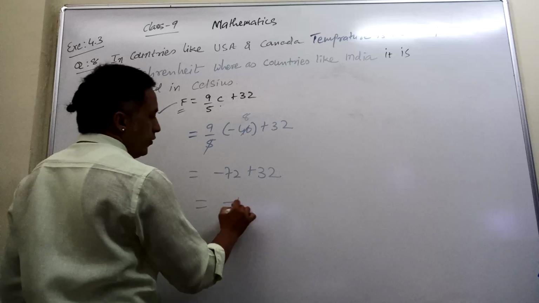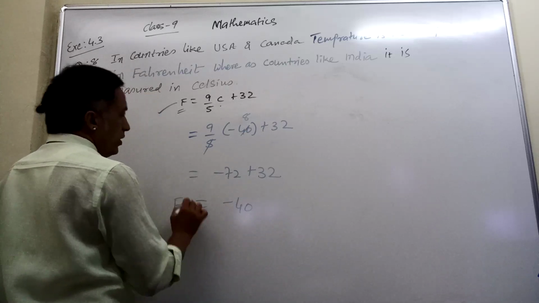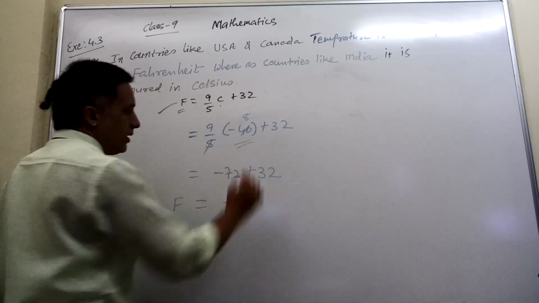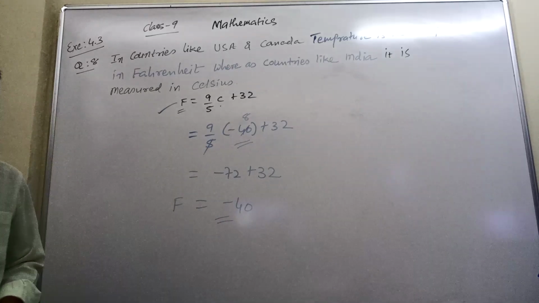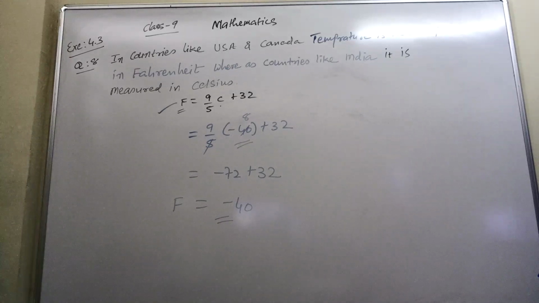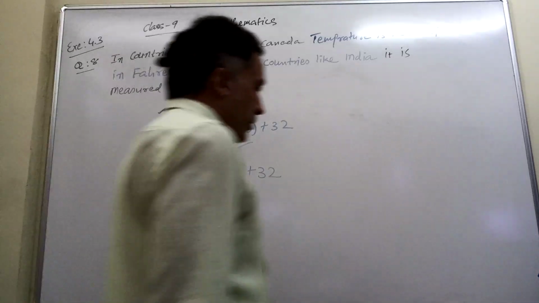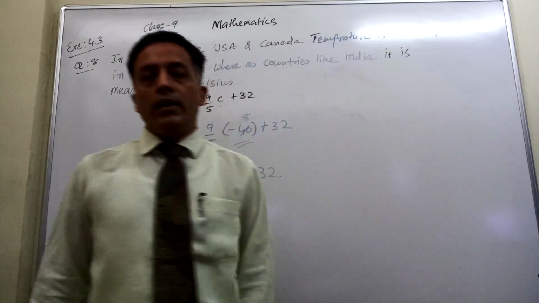And if you simplify, you will get the answer minus 40. So you can see that for C I have taken minus 40, and for F also I am getting minus 40. In the same way, we can solve the condition here.